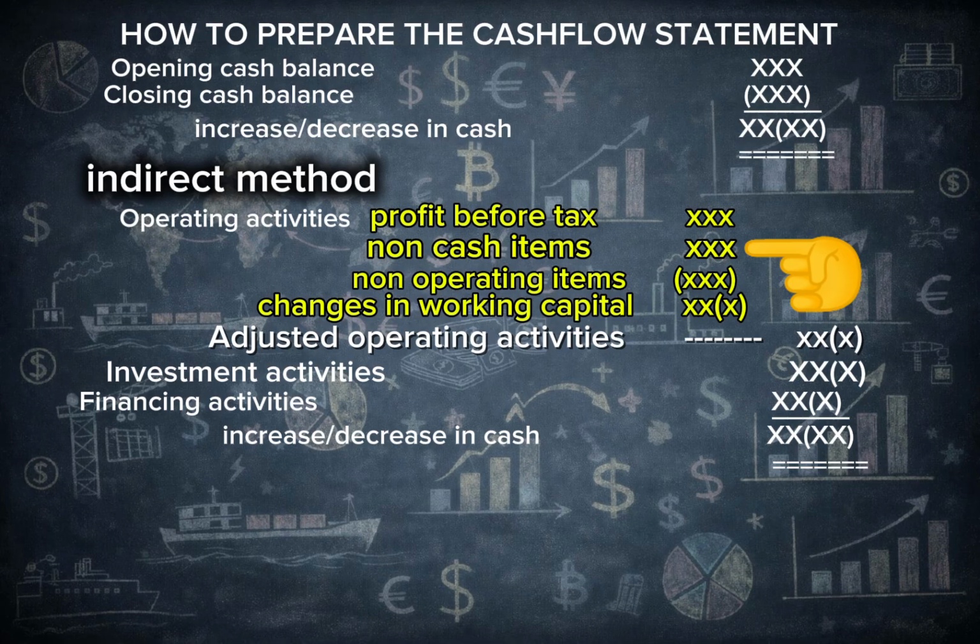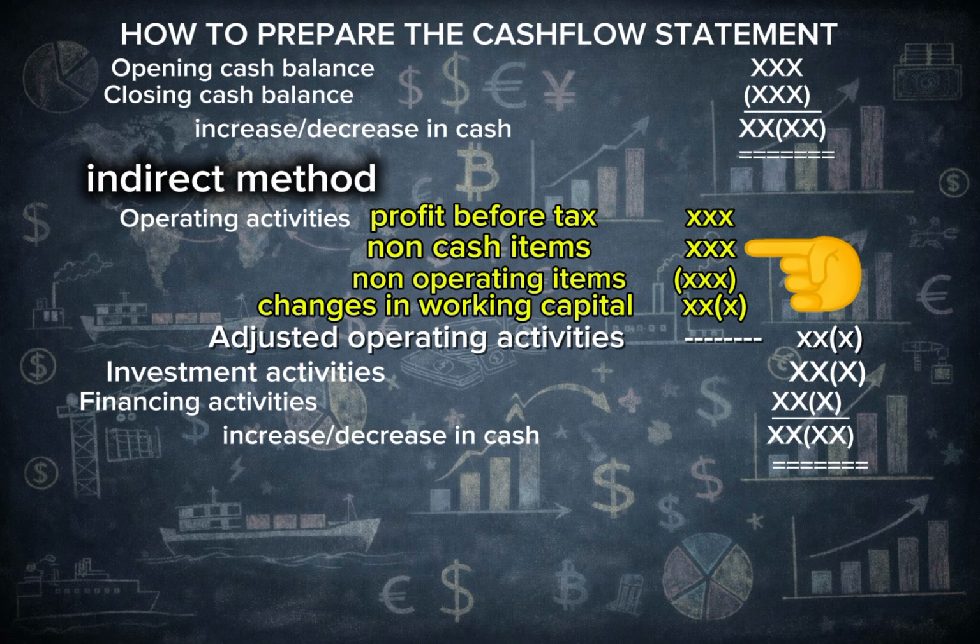Therefore, they must be adjusted out. Examples of such non-cash items include depreciation, amortization, impairment loss, and increase in provisions, for instance, increase in a provision for doubtful debts. And since they reduce profits but do not reduce cash, we should add them back.